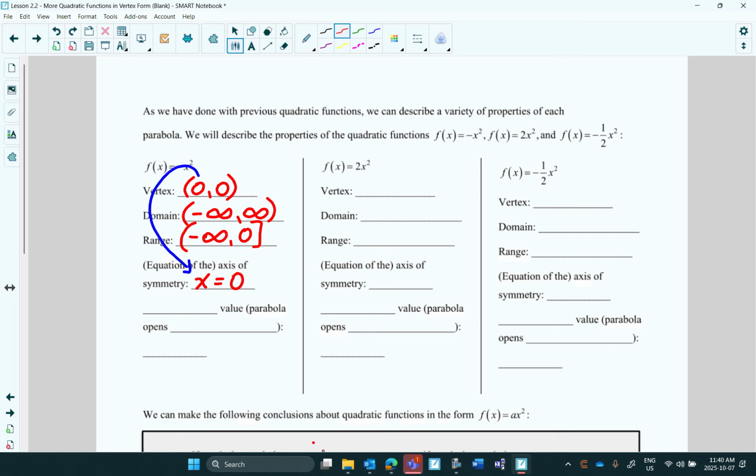Maximum, because it tops out, doesn't it? So it's a maximum value, because it opens down. And where is that maximum value? It's at the y coordinate of the vertex.